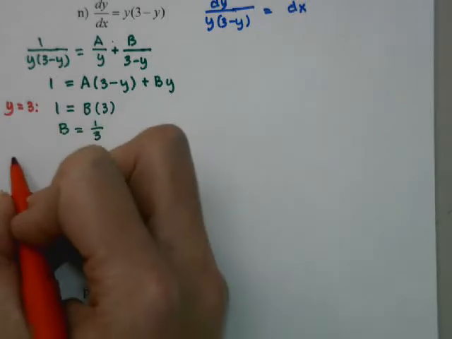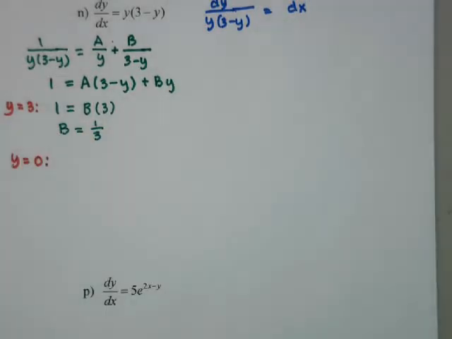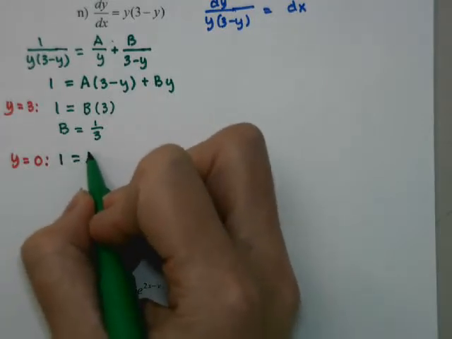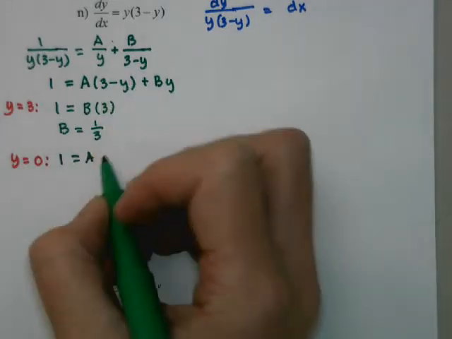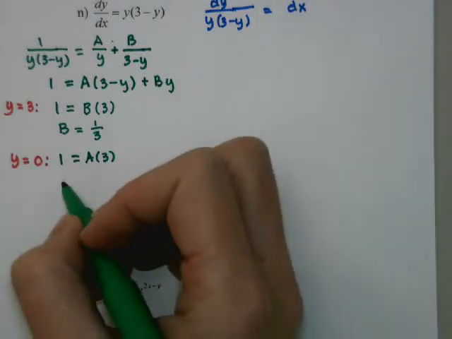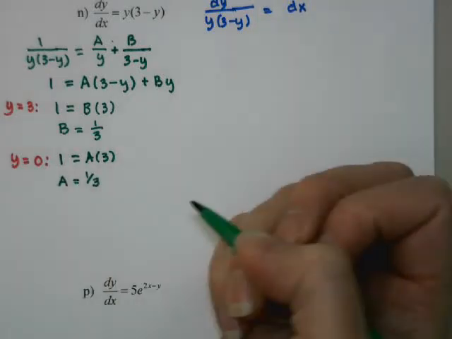Okay, my second convenient value I'm going to pick is 0, which means 1 equals a. 3 minus 0 is just 3. So a is also 1/3.